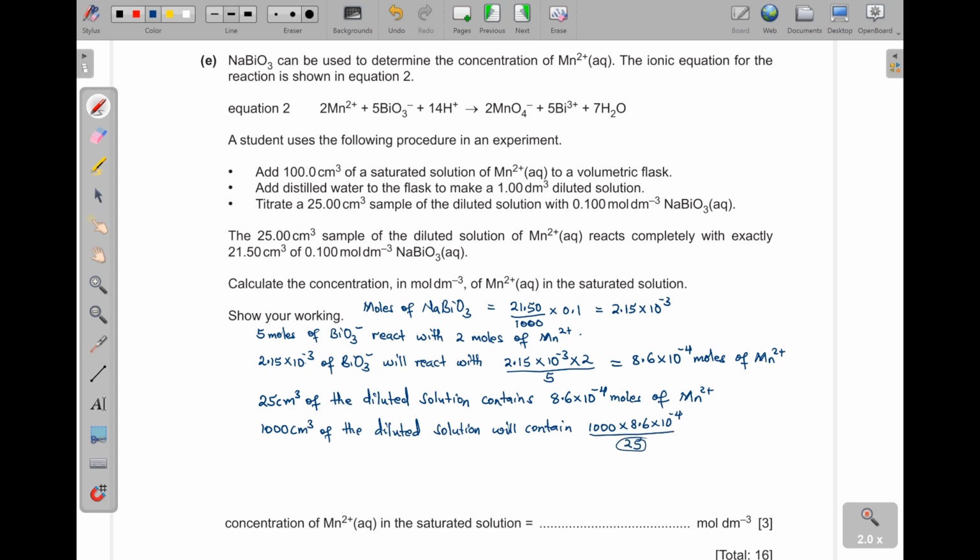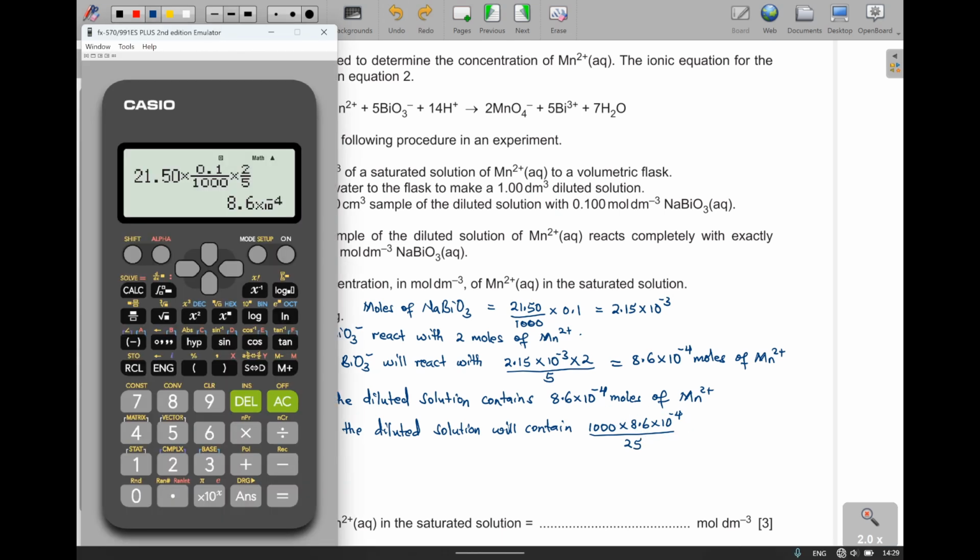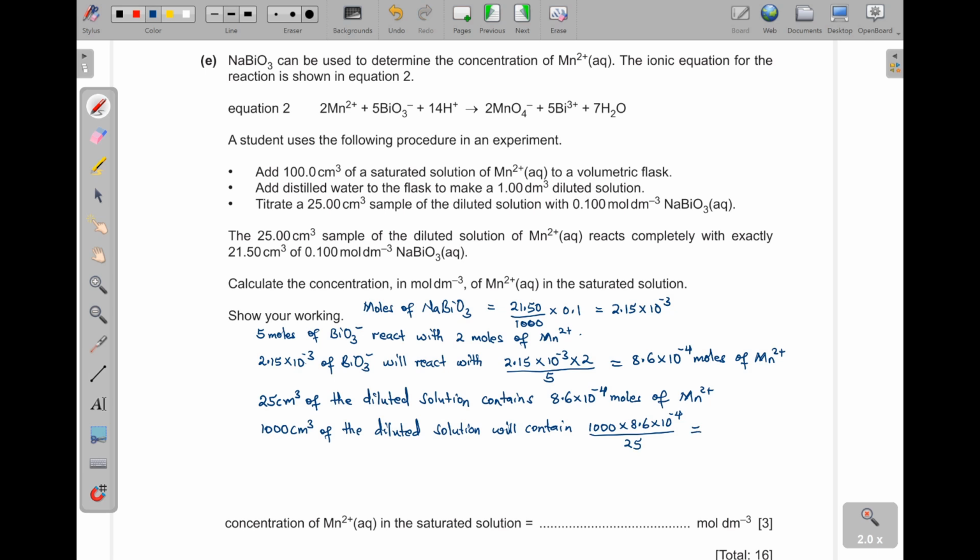It's like getting how many times 25 goes into 1000. 25 goes into 100 4 times, so it's like getting this answer times 40. The answer we have here, we multiply it by 40, and that is 0.0344.